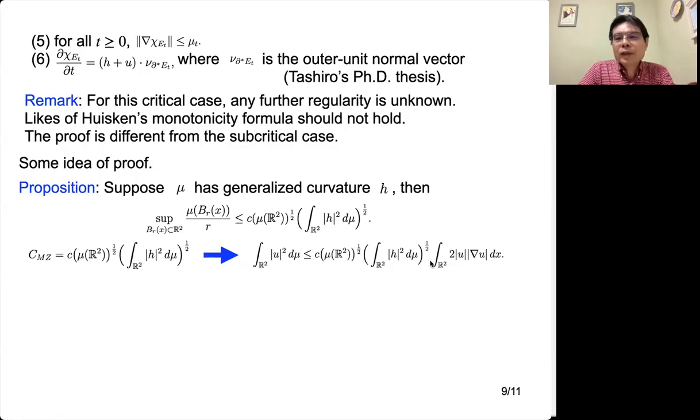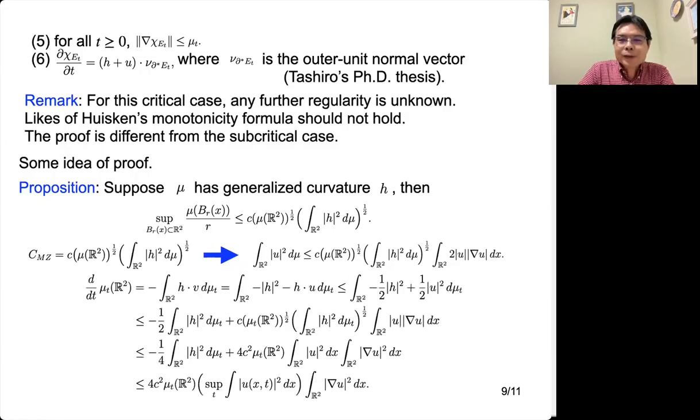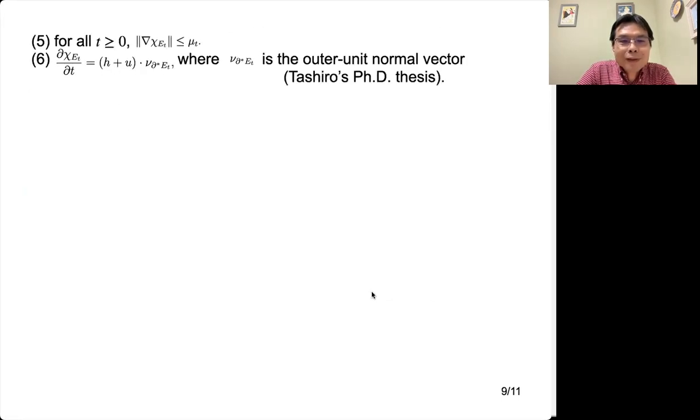Now you have this. I don't want to go into this so much, but there's an easy way to do this a priori estimate. This is the first variation formula. Now velocity is equal to h plus u, so you just substitute h plus u, and then do Cauchy-Schwarz, and so forth. And the point is, oops, sorry.